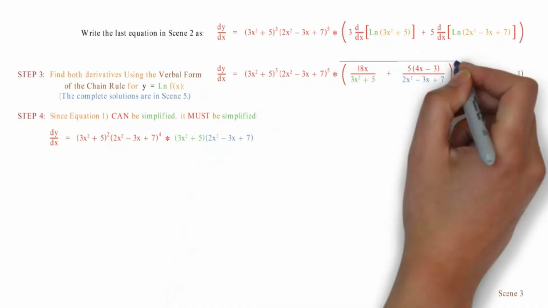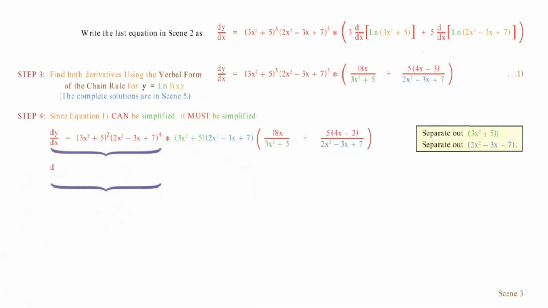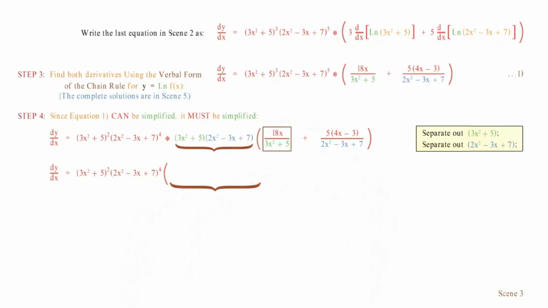Bring this entire bracket down. Bring down. This expression times this quotient is equal to this quotient.